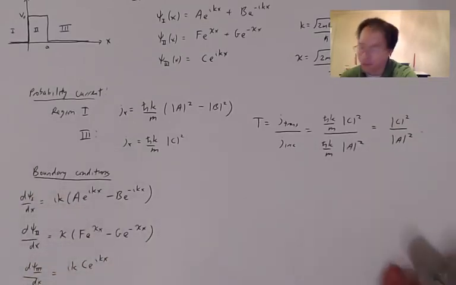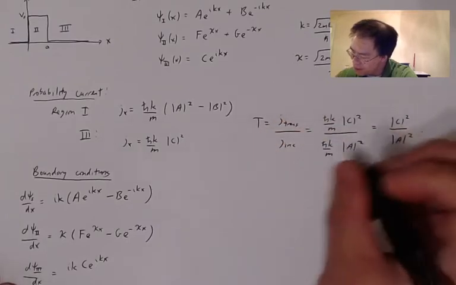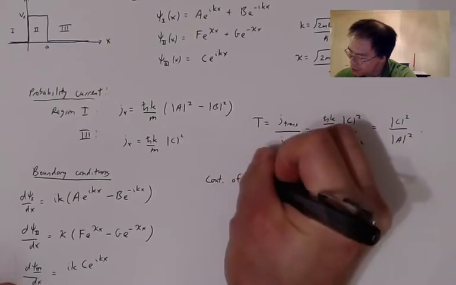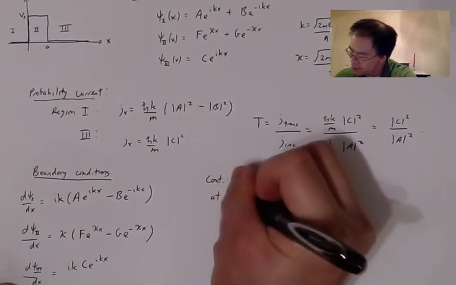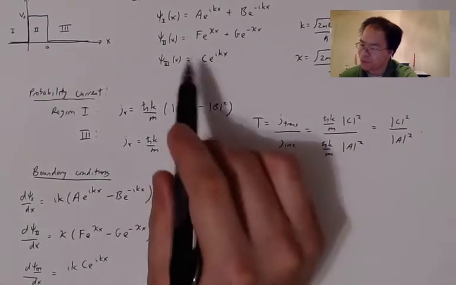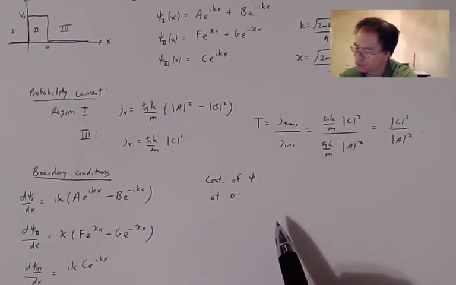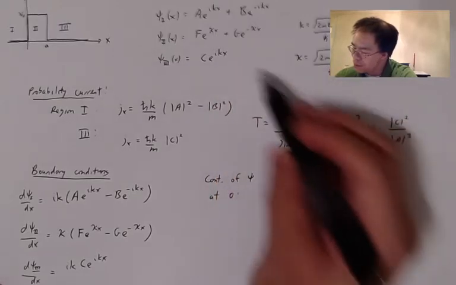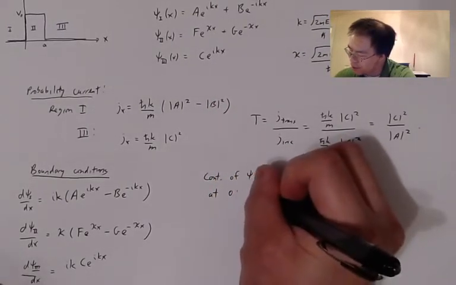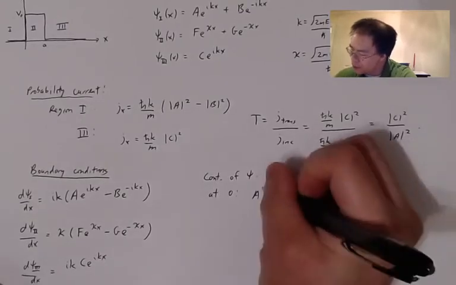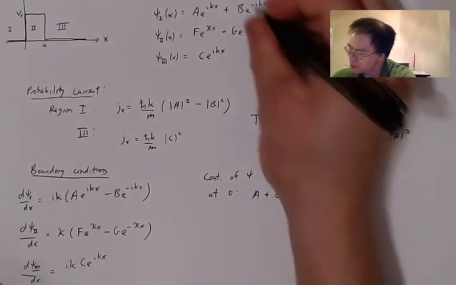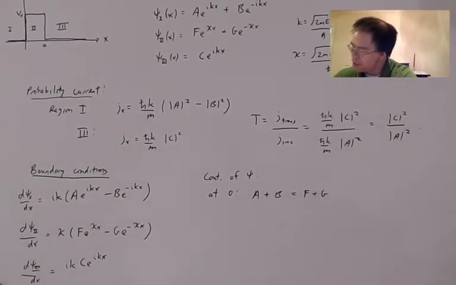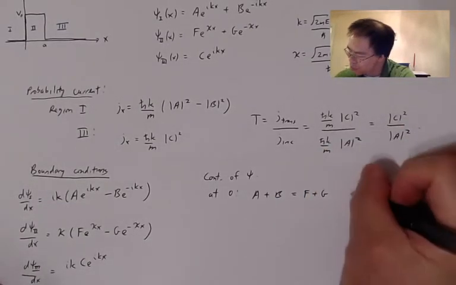So let's do the continuity of ψ first. At x equals 0, we have to stitch together ψ1 and ψ2. If I just plug in 0 into these two equations, e^0 is 1, so I have a + b = f + g. Let me call this equation 1.